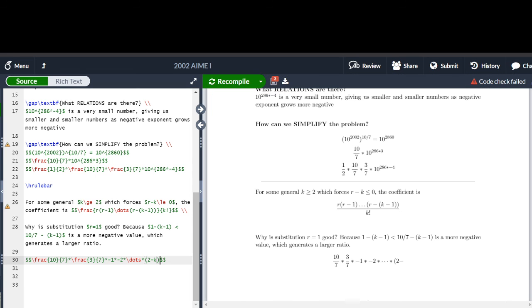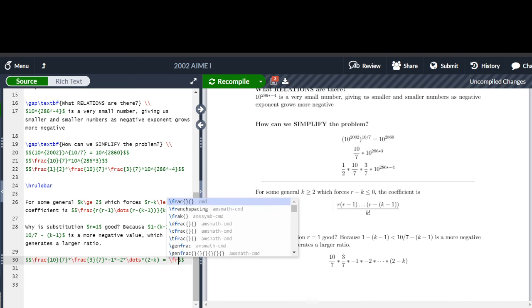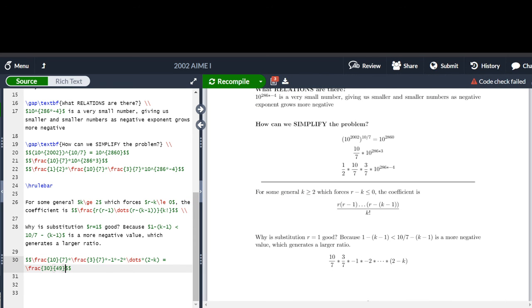And this, if we take the negative of all these inner terms, will be equal to 30 over 49 times plus or minus k minus 2 factorial.